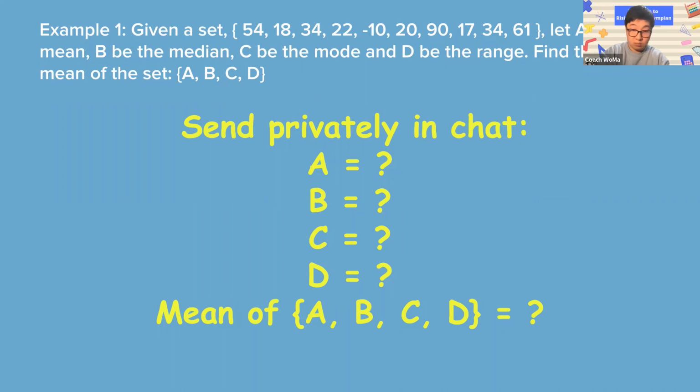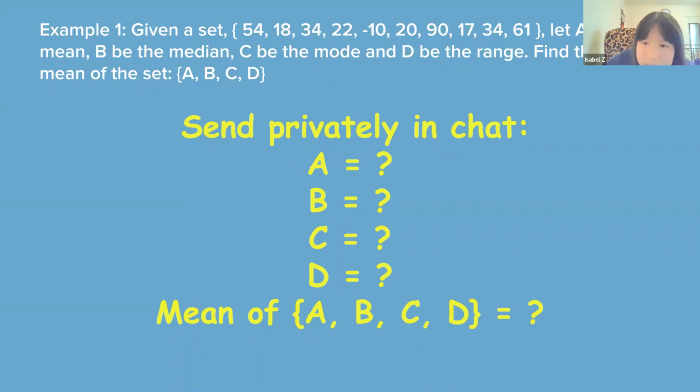How do you calculate the median again? Could you say that again? How do you calculate the median? Yeah, so the median is going to be the middle number. One of the best ways is to just sort the numbers from lowest to greatest.